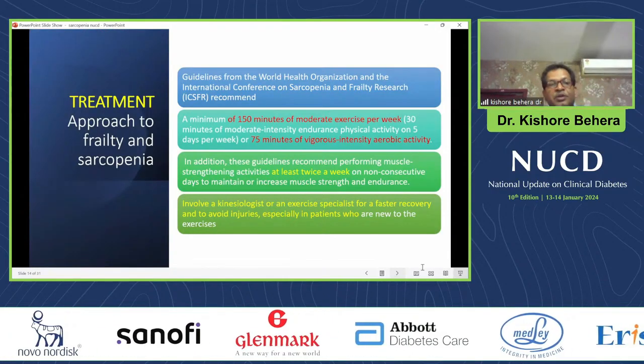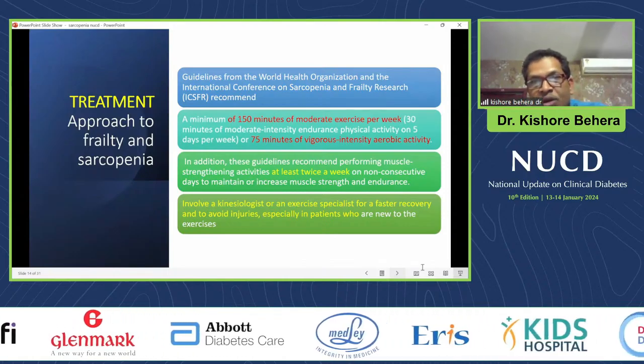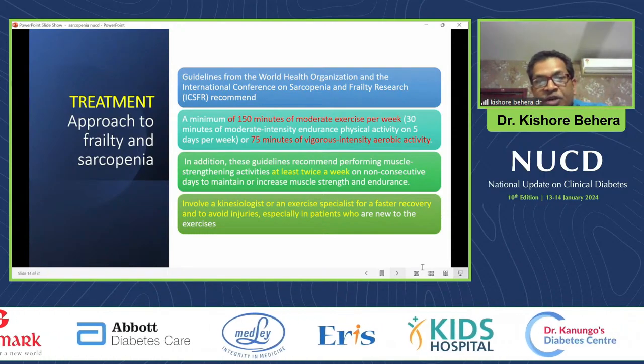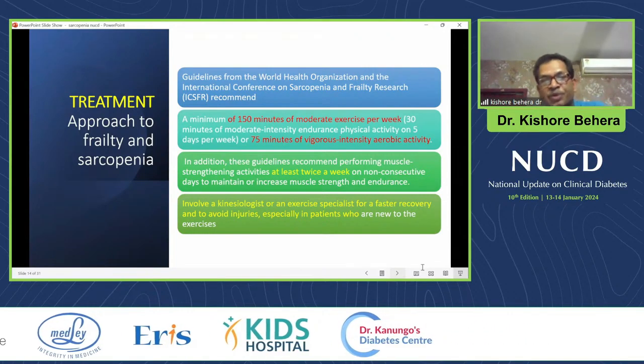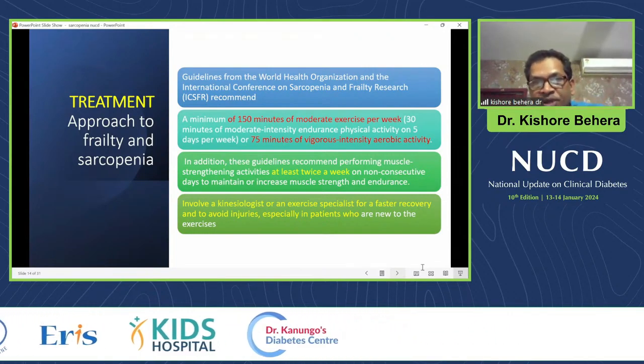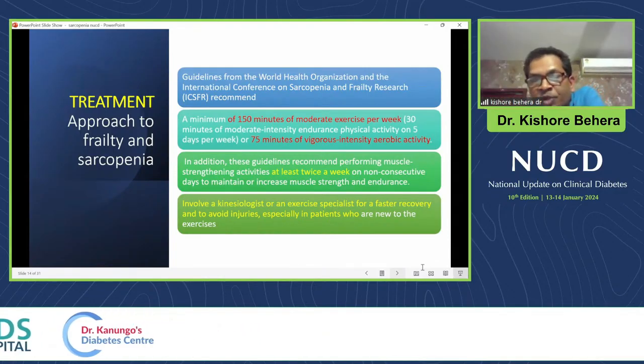So the treatment approach to frailty and sarcopenia: you can see that the WHO and the International Conference on Sarcopenia and Frailty Research recommended at least 150 minutes of moderate exercise per week, or 70 minutes of vigorous intensity aerobic activity.